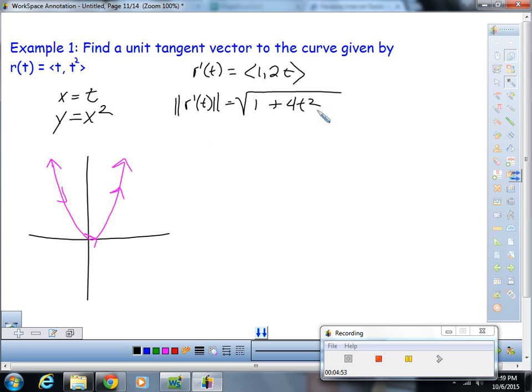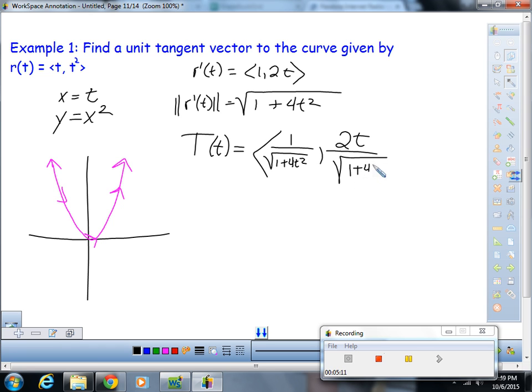So, T of t is simply <1 over radical 1 plus 4t squared, 2t over radical 1 plus 4t squared>. Okay? So let's put in a value for t. Let's do capital T of 0.